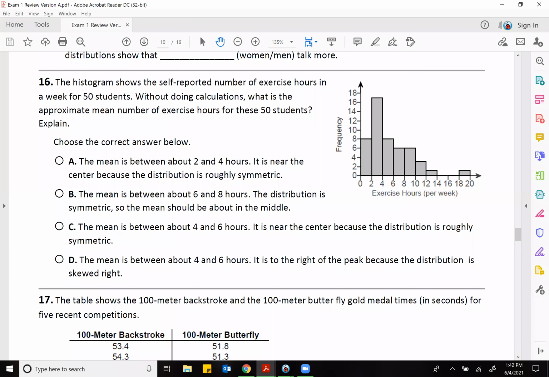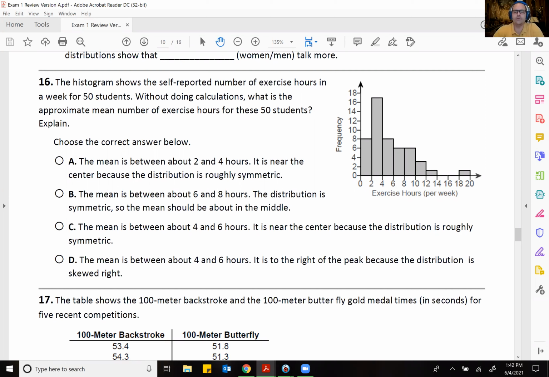So it's 4 to 6 hours. So would that be C or D? D. It would be D. Yeah, it is 4 to 6 hours.